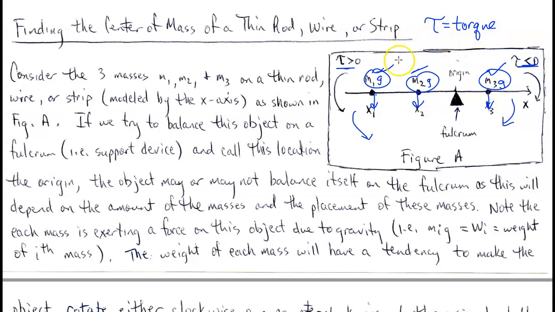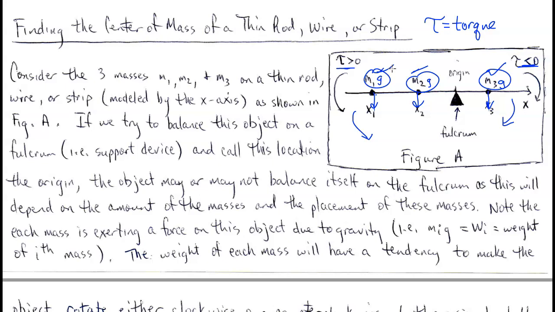And so to come up with a way to figure out the moment, and then after that the center of mass location for this particular rod, we are going to have to balance out all those torques that are going on.